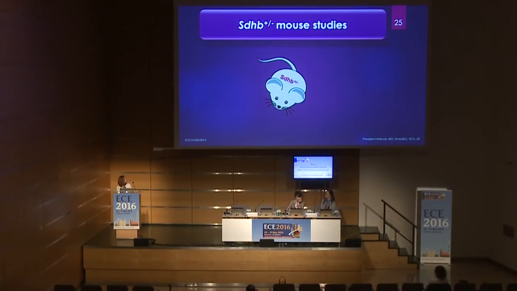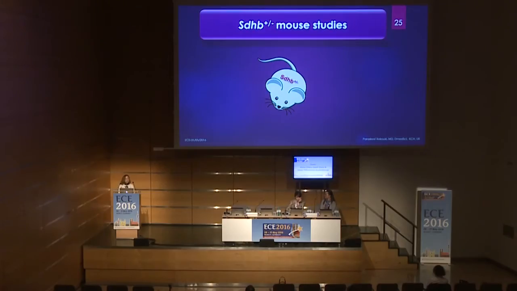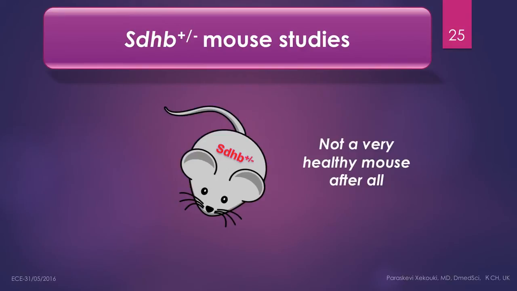And the reason is because although this mouse was developed in order to study in more detail the tumors that are involved in SDH mutations, actually, similar to SDHD mice, they do not develop any tumors. So we were not sure what to expect. But when we studied the pituitaries, and later on a colleague of mine, Dr. Eva Zarek, the gastrointestinal tract, we saw that actually they are not so healthy.